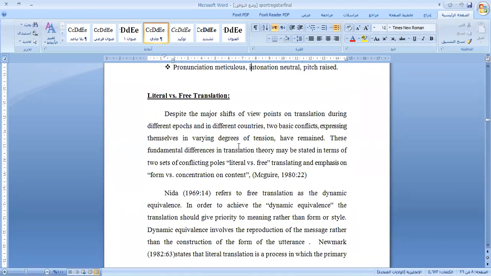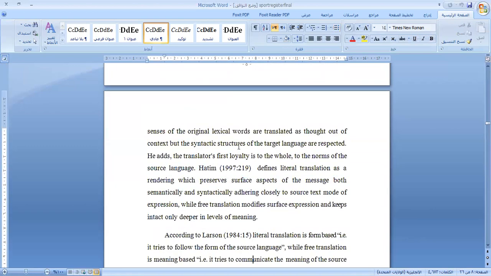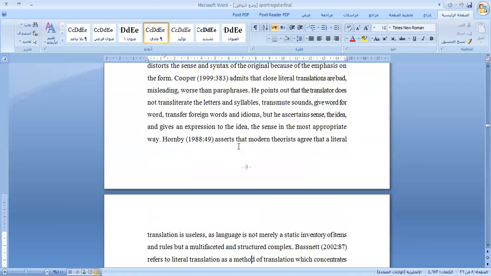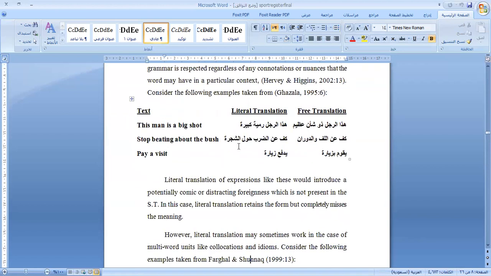Literal translation is usually source language oriented, while free translation means giving the sense of the text, or rendering the intended meaning and stylistic meaning from the source language into the target language. So, it is target language oriented. We have talked about these issues previously.